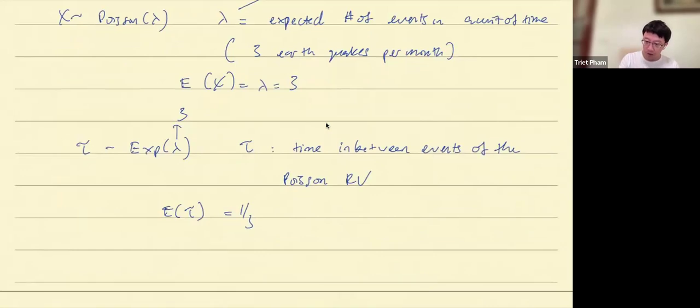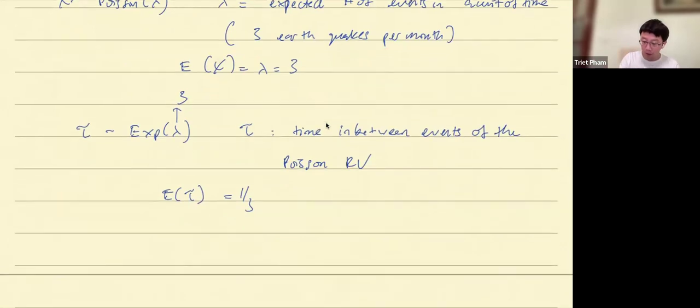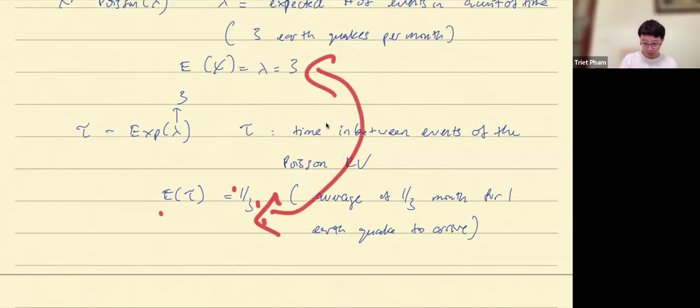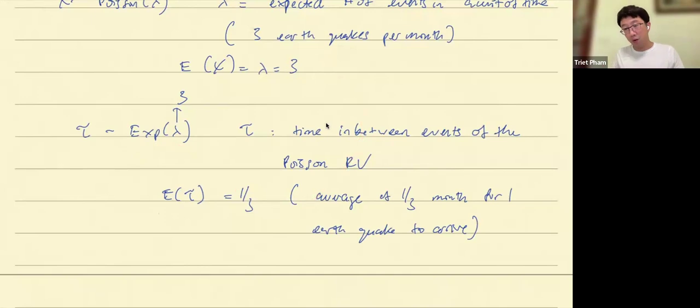Sure, because if you have 3 earthquakes per month, then the average time for one earthquake arrival is 1/3 of a month. And so this is why in probability we like to use the exponential lambda such that the expectation is 1/λ, because it is exactly the same unit as the one that we use to model the Poisson with.